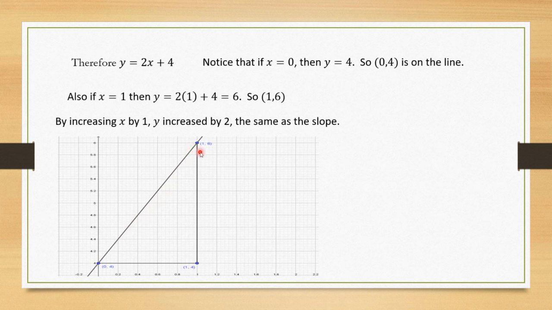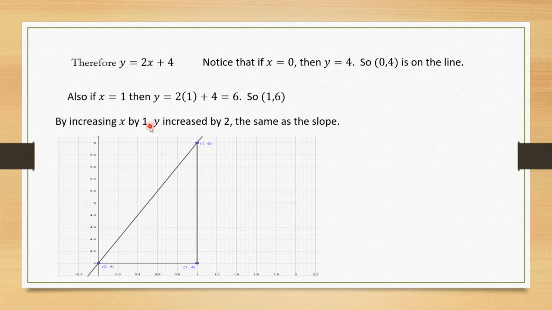And 2 is the same as the slope. The slope is 2. This is why we say the slope of the line is a rate of change. If you increase x, not just at 0, but anywhere, your y values will increase by 2, by the slope. The y values change by the slope. That's why it's called a rate of change.